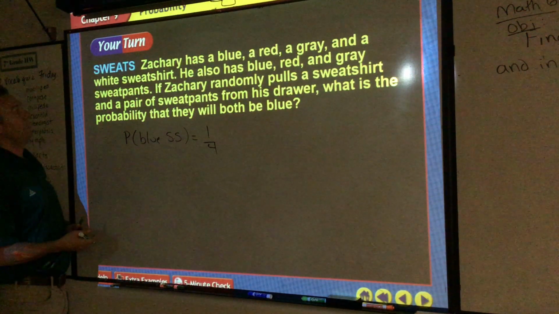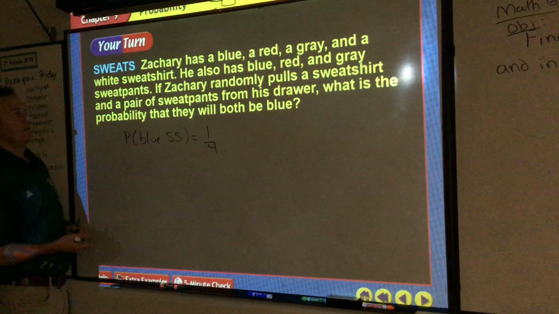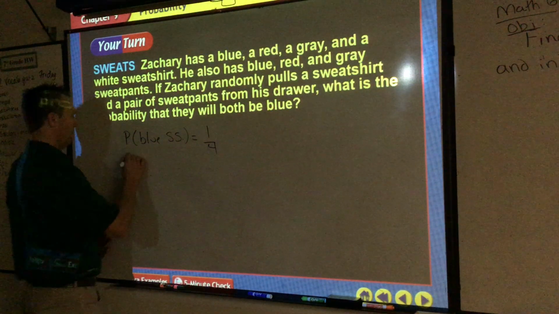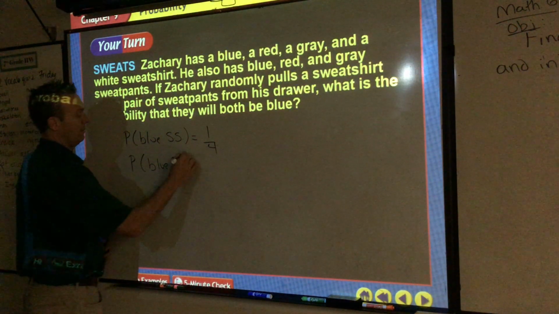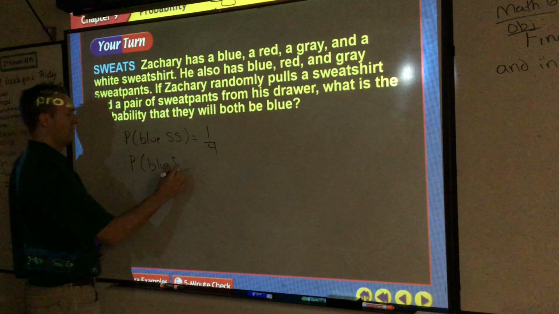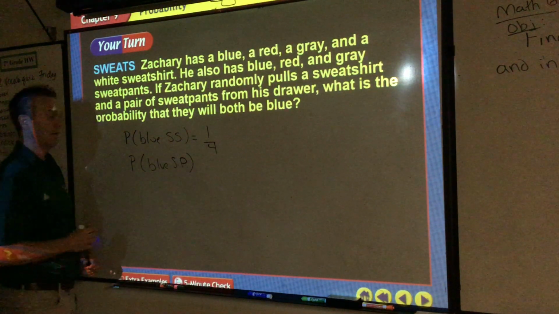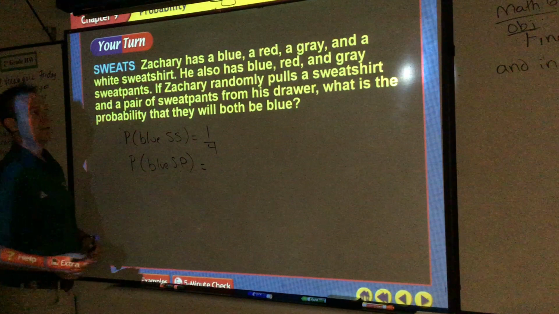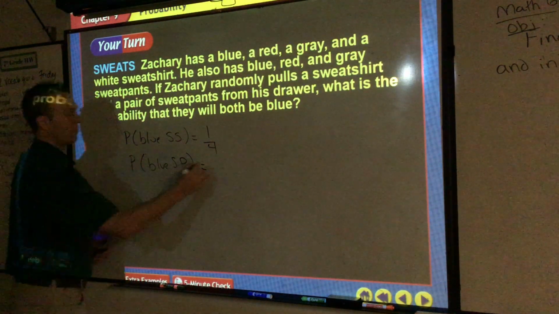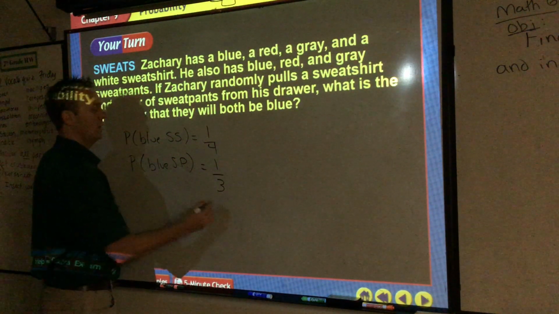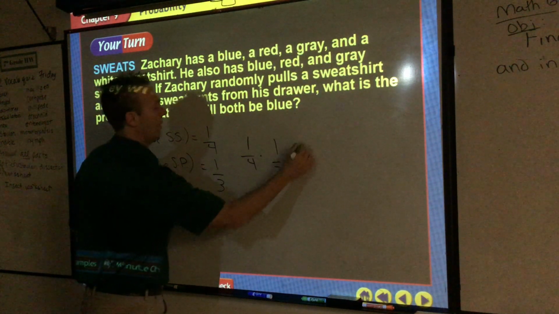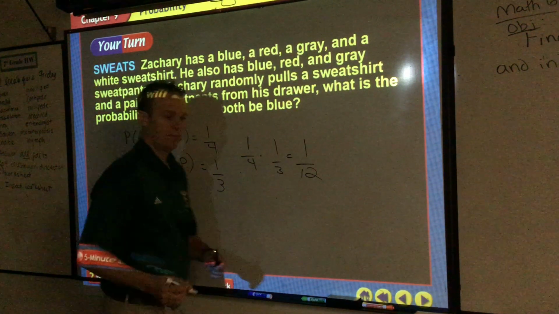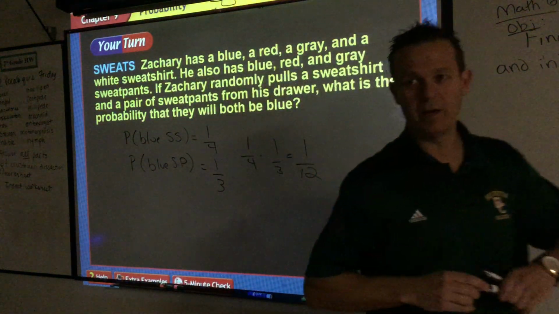And the probability of blue sweatpants, and I'll put SP for sweatpants, how many are blue? 1 out of 3. So we take these 2 numbers, 1 over 4 times 1 out of 3, and we get 1 over 12. So the probability of that happening would be 1 out of 12.